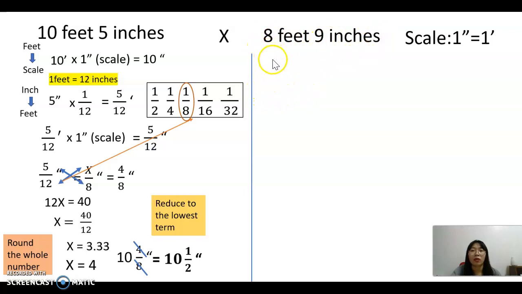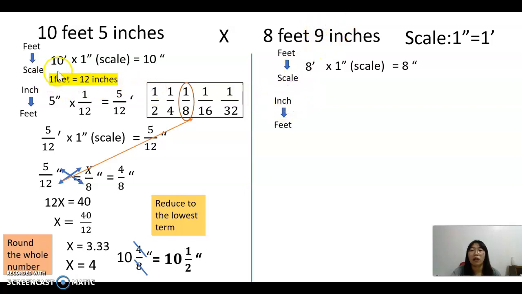First, we also need to find the feet and convert it to scale. So 8 feet times the scale, 1 inch, equals 8 inches. Then we find the inches and convert to feet.